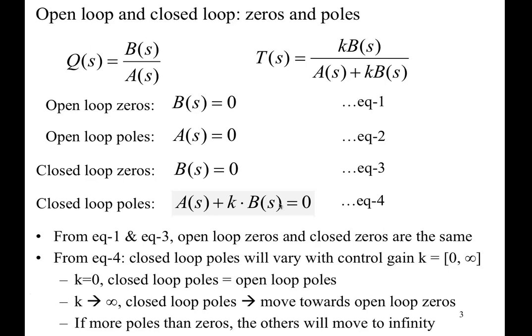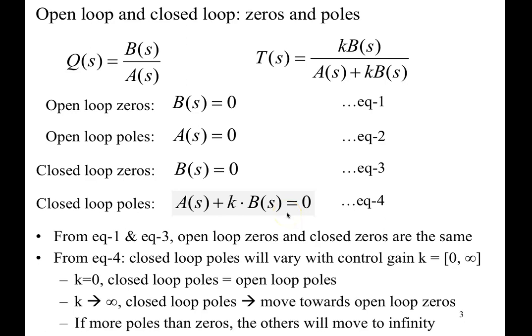If I look at equation number 4 closely, say my K value changes from 0 to infinite. That's a whole range of values for K I'm looking at. That covers every possible closed loop pole, because if I start from, say, K equal to 0, and for every single K, I solve that equation, it will give me a pole, or a set of poles for the closed loop.